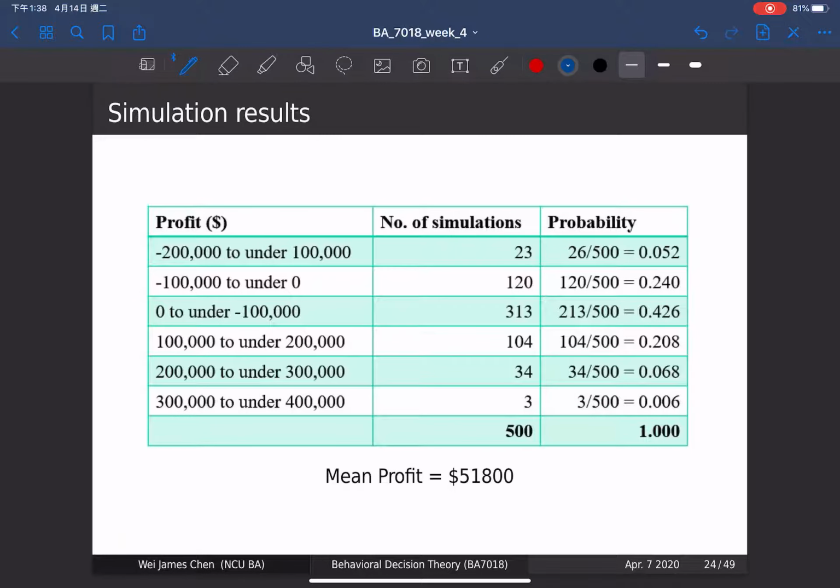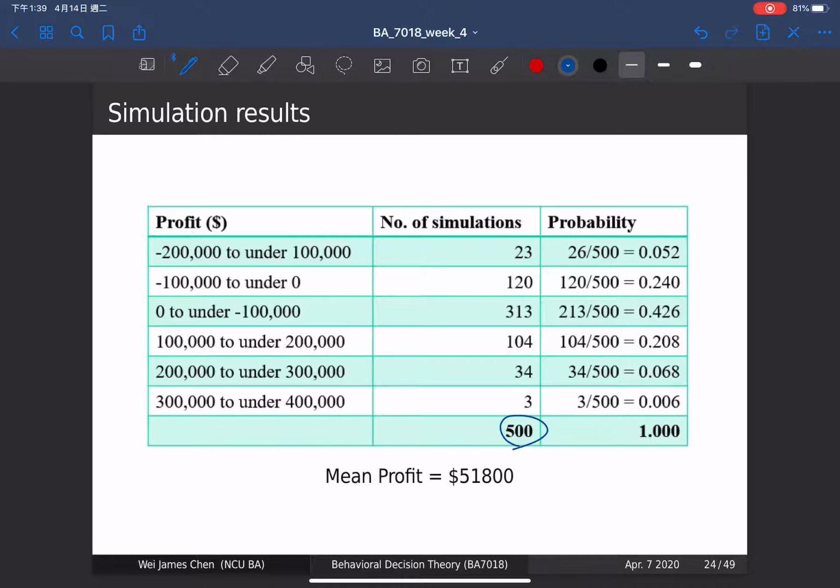Okay, so suppose the simulation result: we do a 500 times simulation, and you get the number of simulations for the profit. Now, because like I said, there are 80 different cases, we don't actually consider all 80 cases. For example, a profit between 0 and $1 doesn't really mean much difference for you, right?